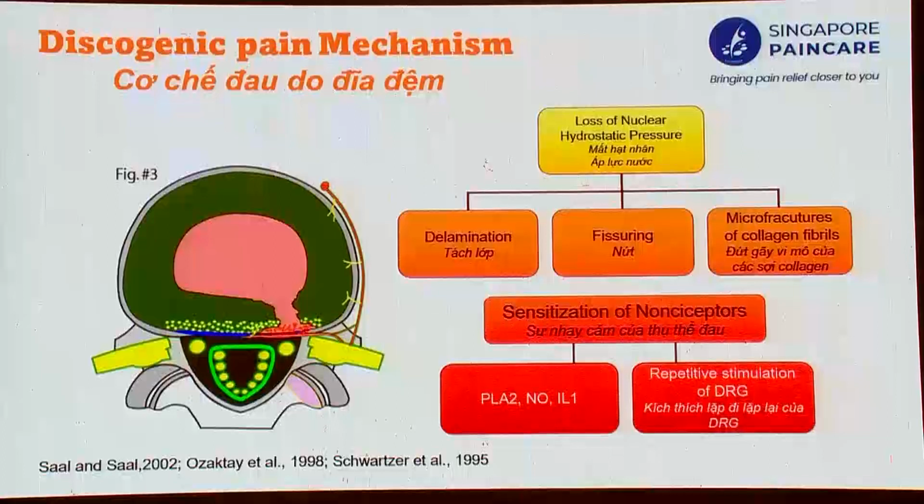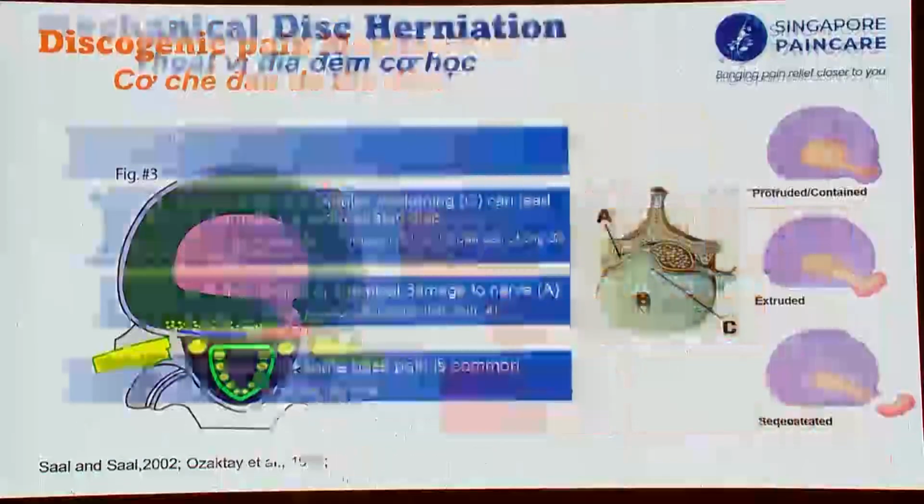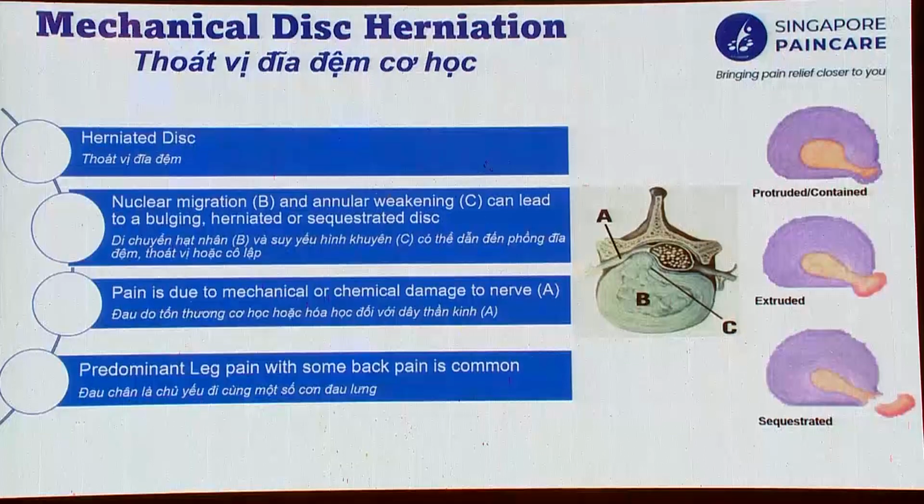Once all that has happened, even without a mechanical component, you can have discogenic back pain. So on one hand, it is just a physiological change with a lot of sensitization going on.